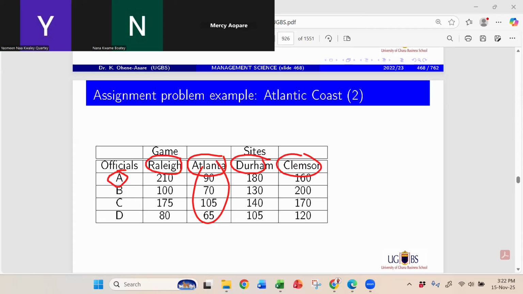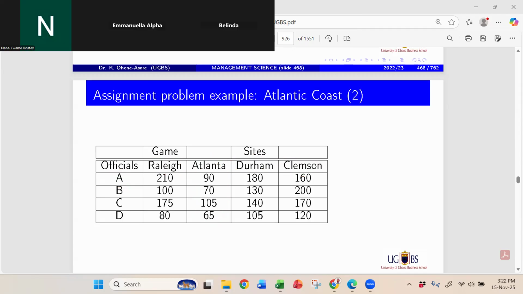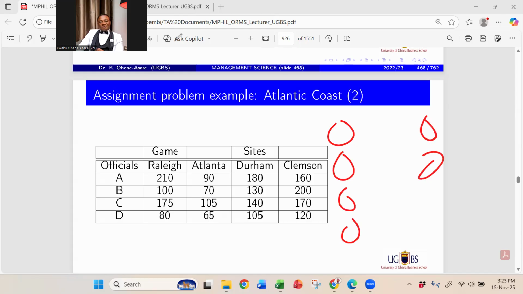So now we know we are going to draw how many nodes? 8. That's it. So you're going to draw the nodes as 1, 2, 3, 4, 5, 6, 7, 8.